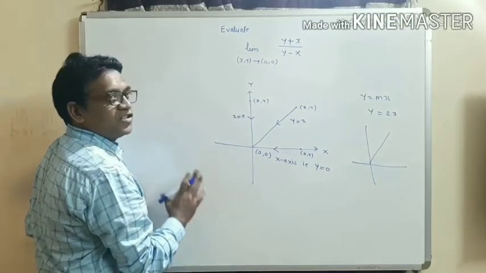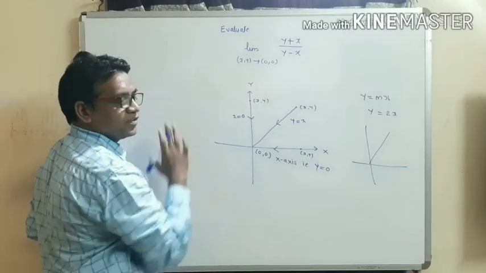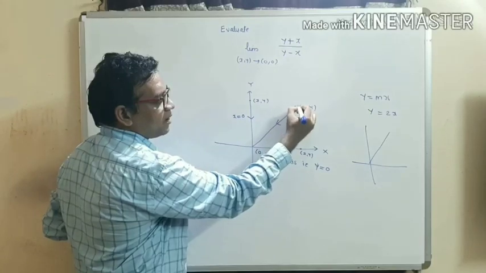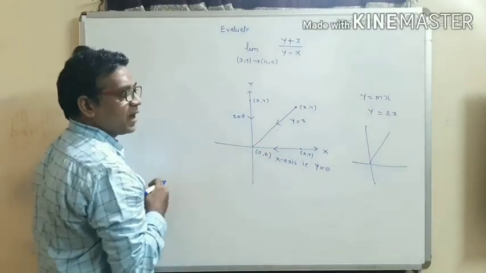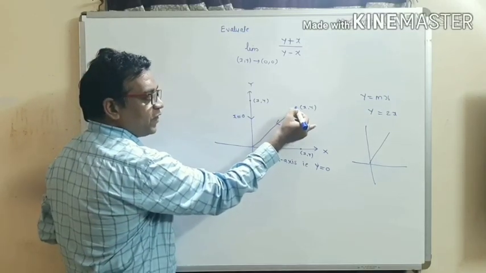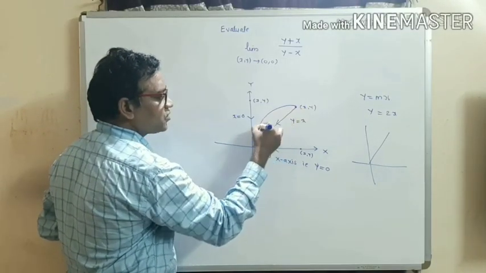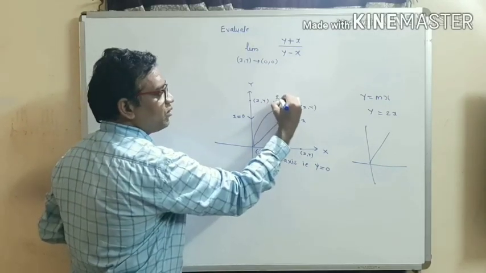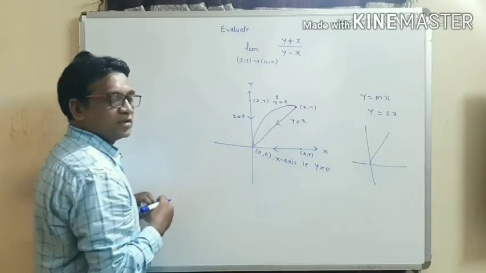So what is the given condition? This point (x, y) approaches towards the origin. Now suppose (x, y) lies in the first quadrant, then we also observe that there is a different path approaching the origin, called the parabolic path. y squared = x is again a path which passes through the origin.